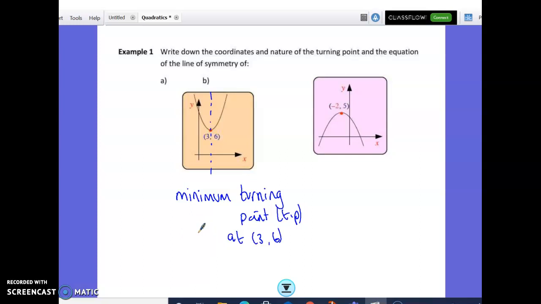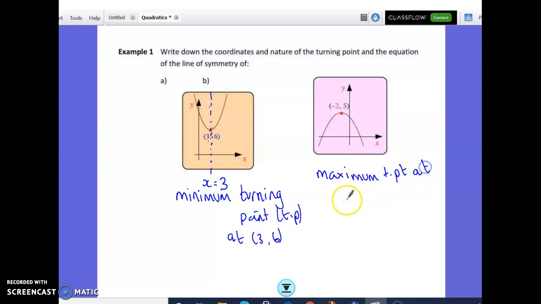It's a wee bit everybody always forgets, but every single point on this line has an x coordinate of 3. So that line has equation x equals 3.